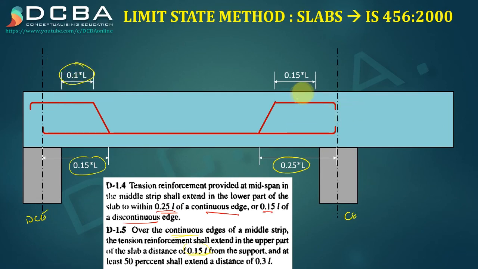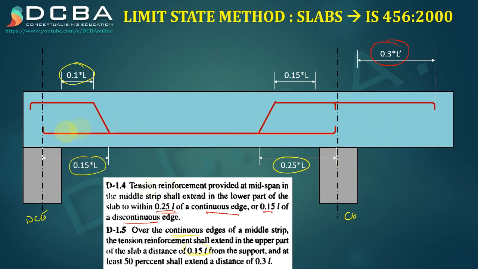Here we have provided 0.15 L, and what it is saying is that at least 50% shall extend at a distance of 0.3 L. So 50% of this tension reinforcement shall extend in the next continuing slab for a distance of 0.3 L dash. L dash is nothing but the span of this next slab.